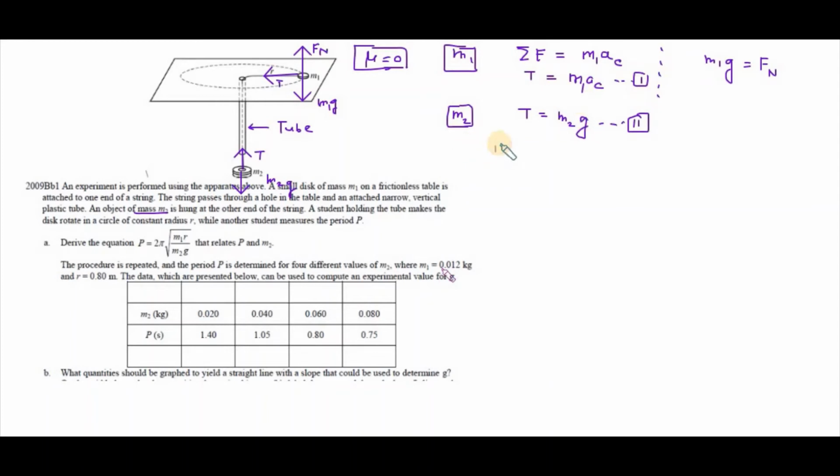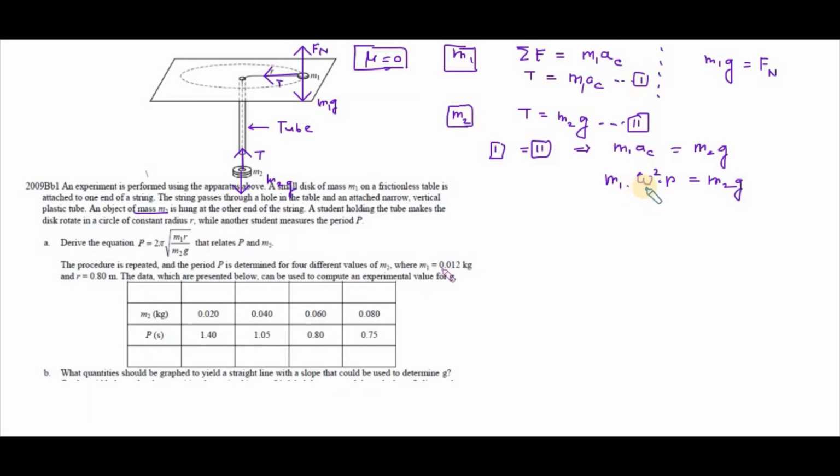So equating equation number 1 and equation number 2, we can say m1 ac is equal to m2 g. Now the expression of centripetal acceleration is omega square times r, so m1 omega square r equals m2 g.